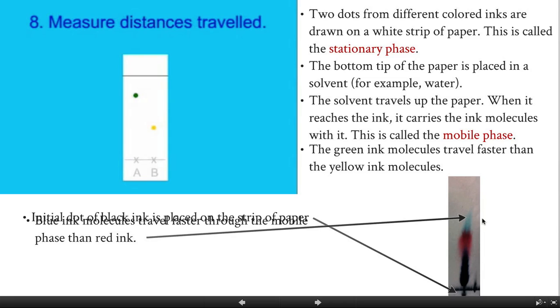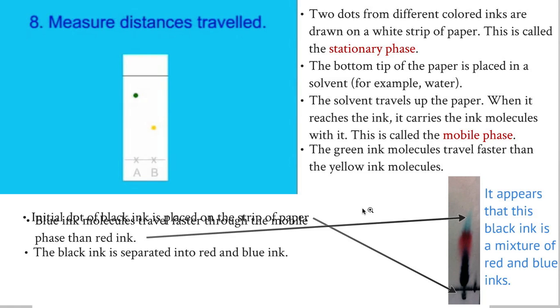It's the same reason why the green ink over here got farther, because it travels faster. The black ink is thus separated into red ink and blue ink, and the blue ink travels faster than the red ink, and that's how it was able to be separated. So it appears that the black ink is a mixture of red and blue inks, as we can see from the chromatography paper.